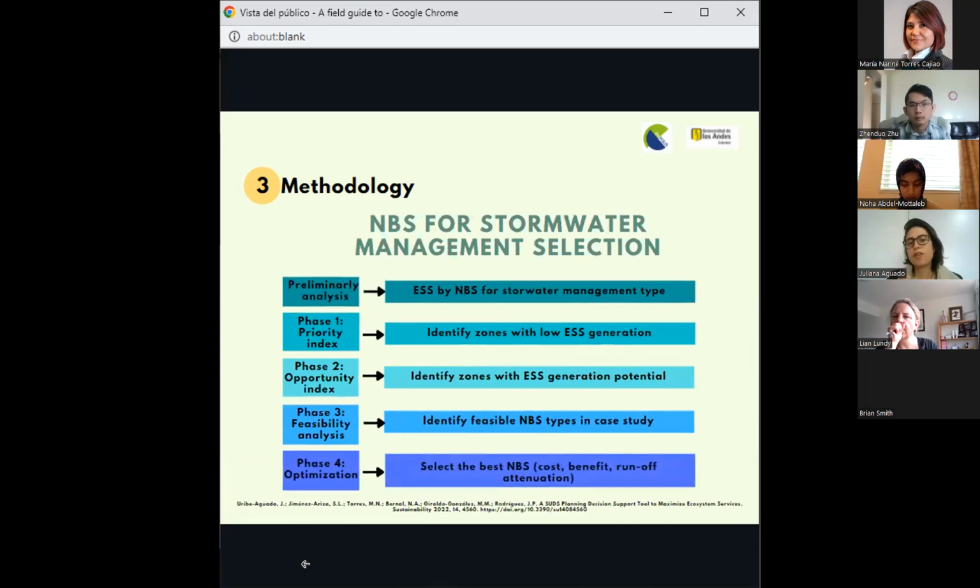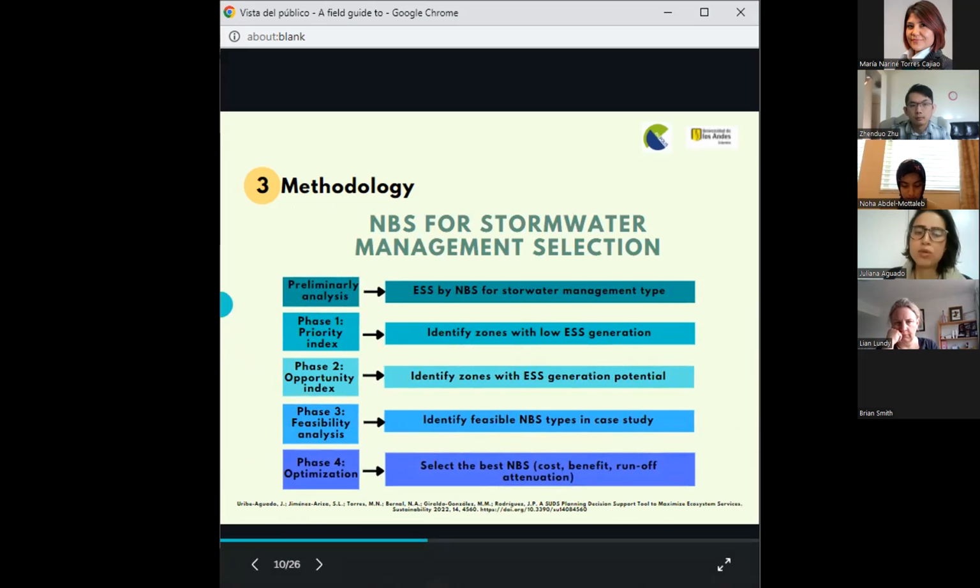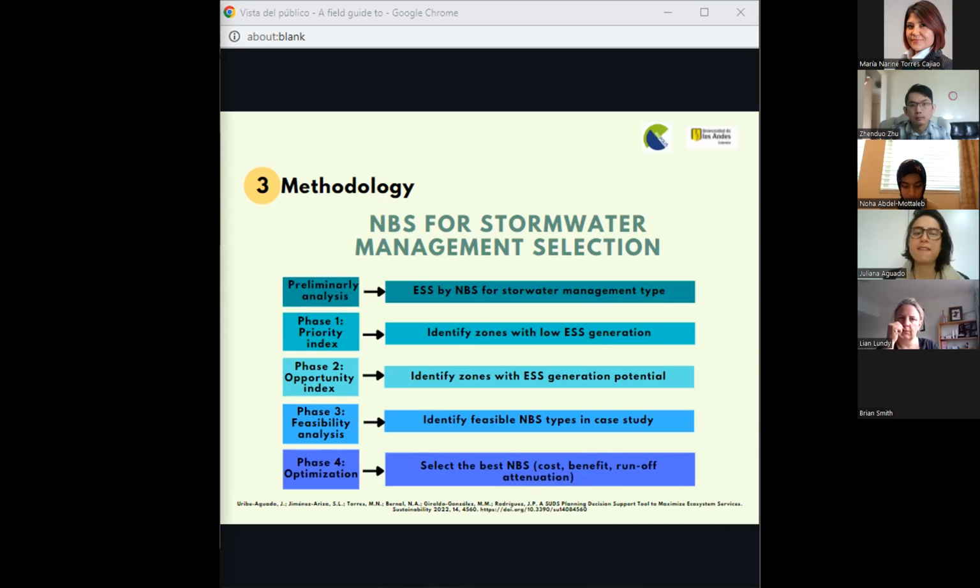In addition, for NBS related to stormwater management, we develop a flexible and adaptable methodology to select the best NBS types for stormwater management. The methodology starts with a preliminary analysis of the relationship between NBS and ecosystem services generation. Then we develop a priority index to identify the areas with a low presence of ecosystem services.